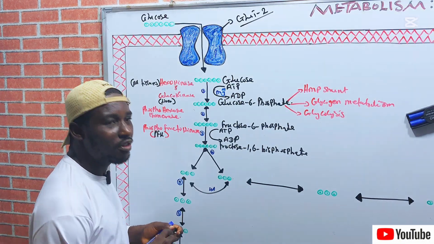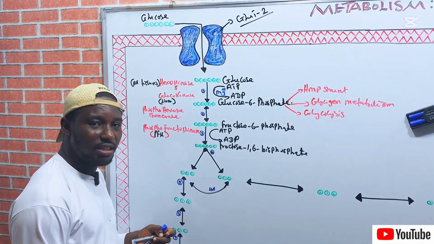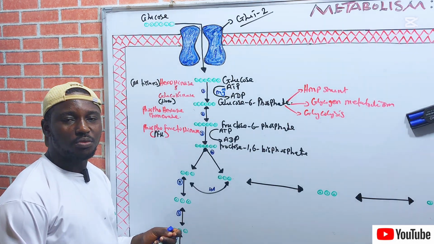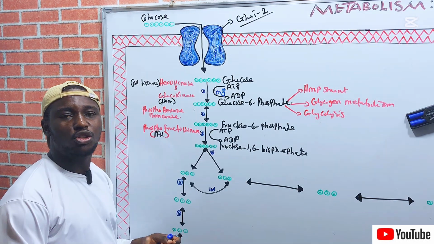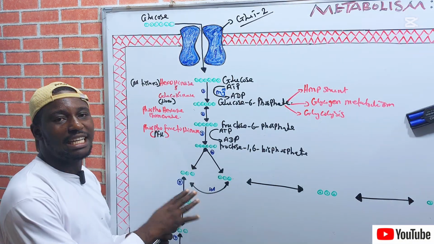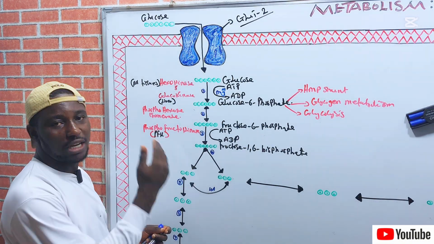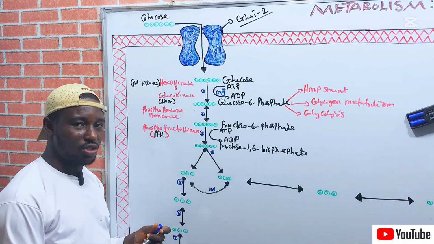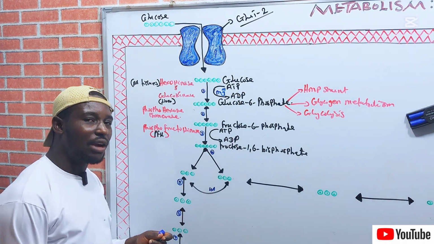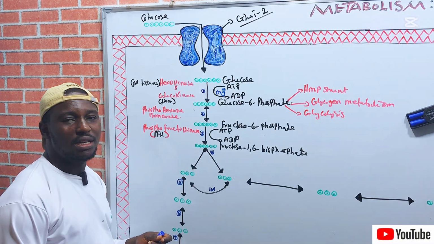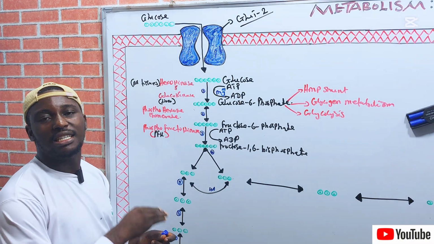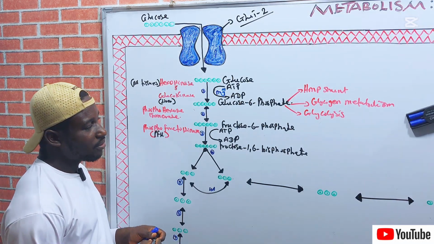We have the insulin, we have the AMP, we have fructose phosphate, we also have fructose 2,6-bisphosphate. Those are the activators of phosphofructokinase. We also have their inhibitors, those molecules that inhibit its activity, such as the glucagon, the cyclic AMP, the low pH, the citrate, and ATP. Those are its inhibitors, right?